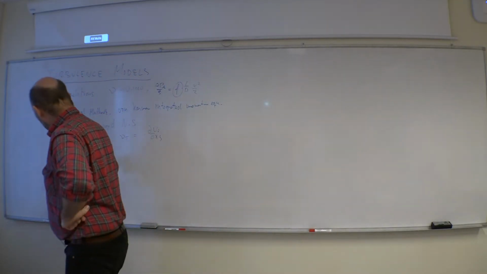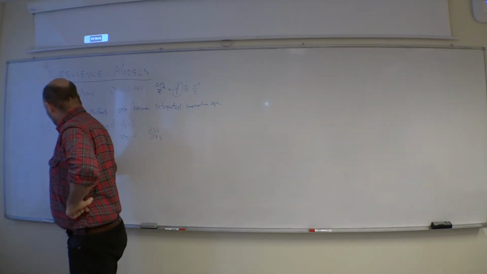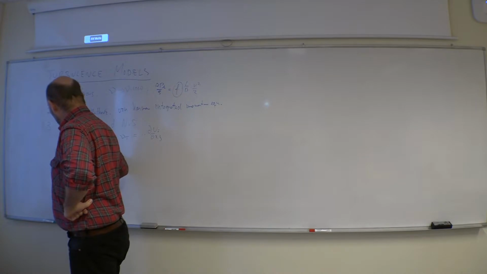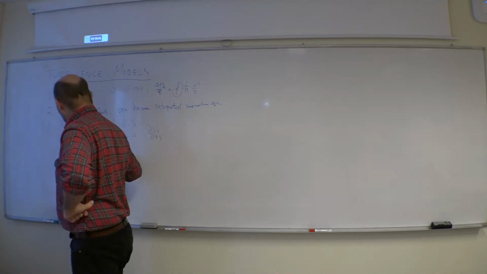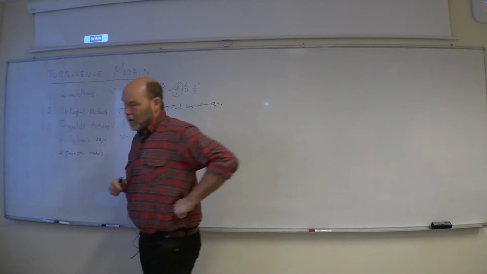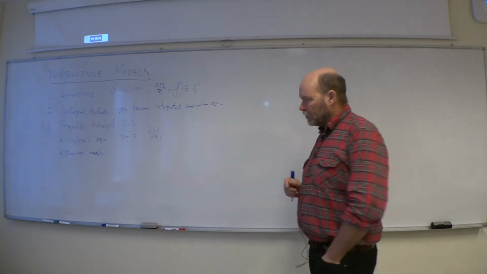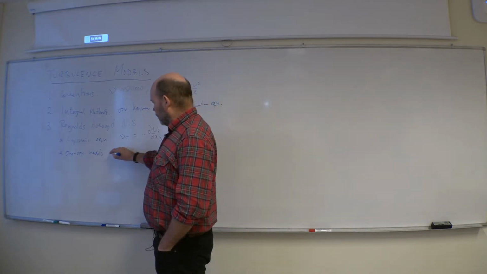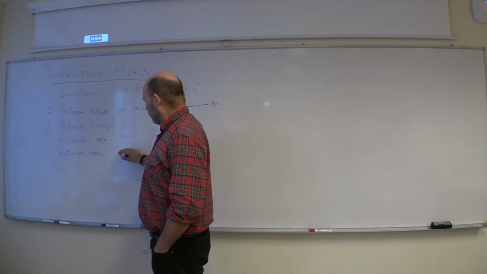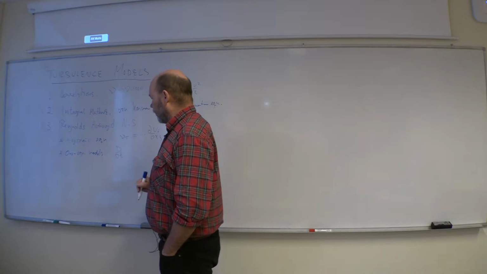So the next one, then you are talking one equation models. There you have one transport equation, and by a transport equation, we'll come back to that later, they will typically start with the total derivative of something.